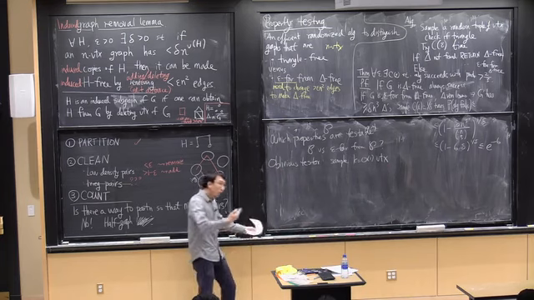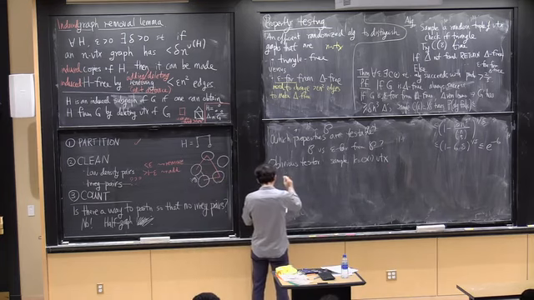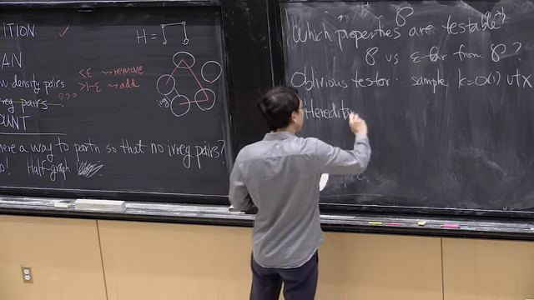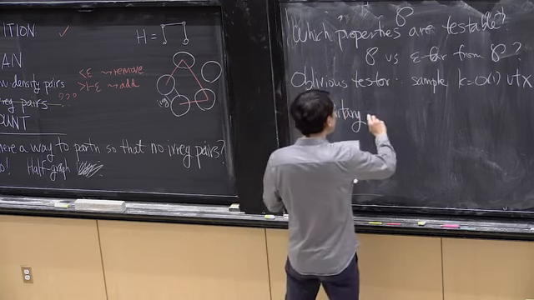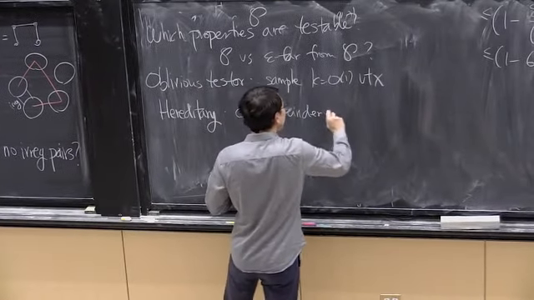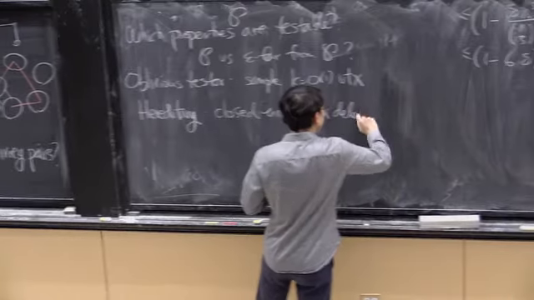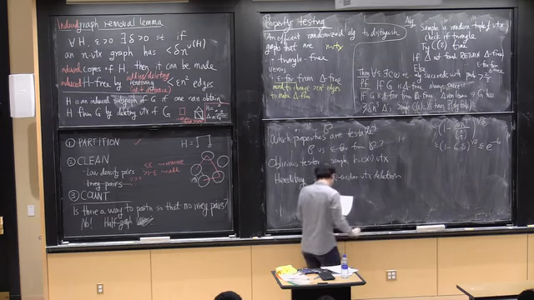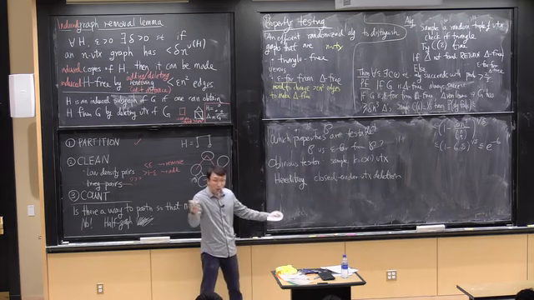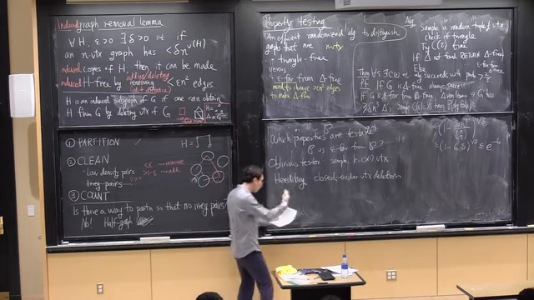Okay, so there's a class of properties called hereditary. So hereditary properties are properties that are closed under vertex deletion. And lots of properties that you've seen are of this form.